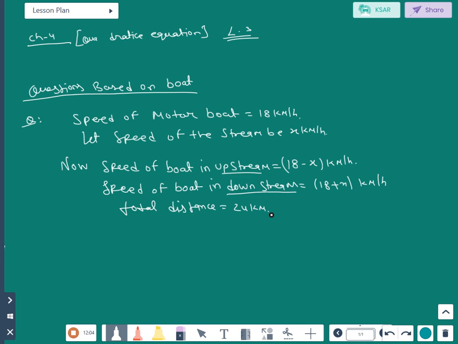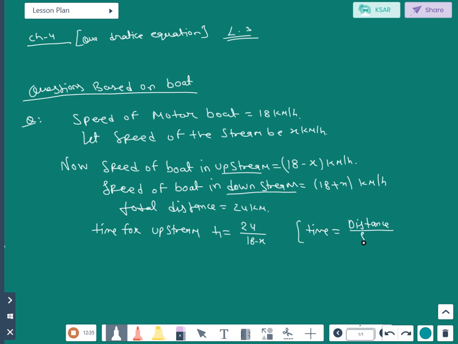So first, time for upstream T1: time is equal to distance upon speed, 24 upon 18 minus x.